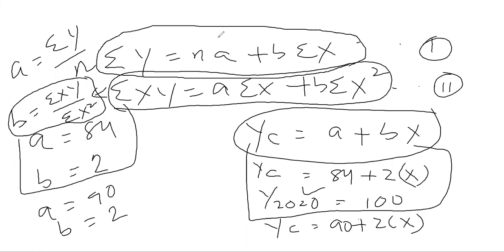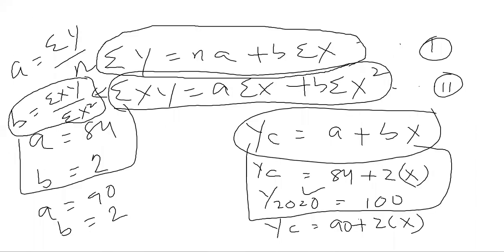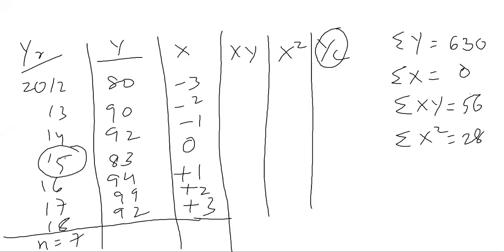So let us see what is the change in your answer. Now put it in your YC trend and check what are the YC values you are getting. Put the new x values in your equation. Your YC equation is now 90 plus 2x.